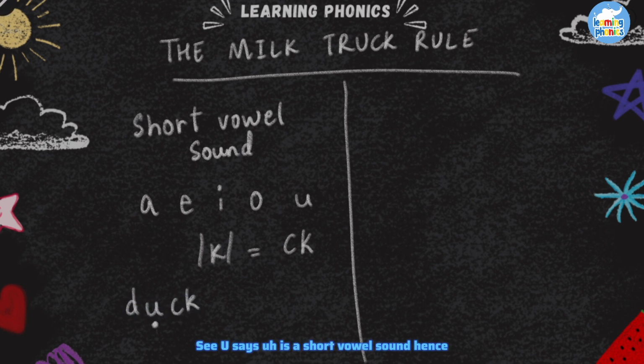See, u says uh, a short vowel sound, hence you are going to use the CK to make the k sound at the end, okay?